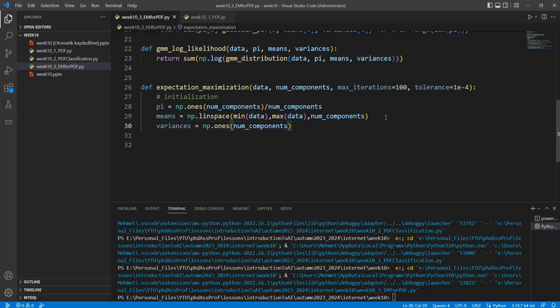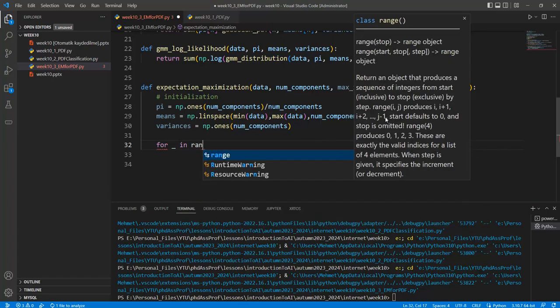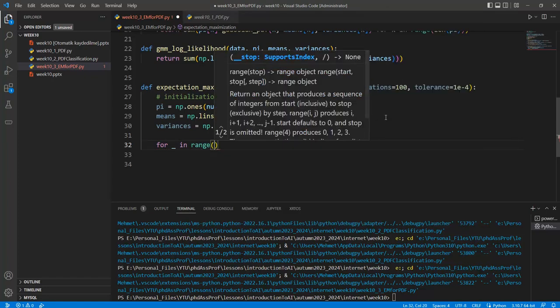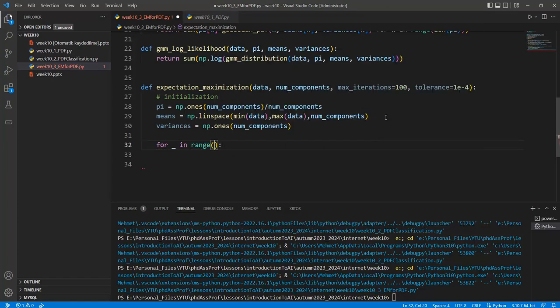So, what's the expectation step in here? We write for underscore in range of max iterations. What's the meaning of this? Yes, this is the pseudo number, the underscore term, which means that we don't use any index in this operation.